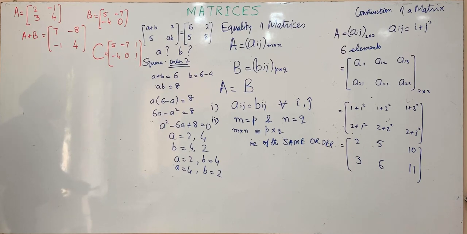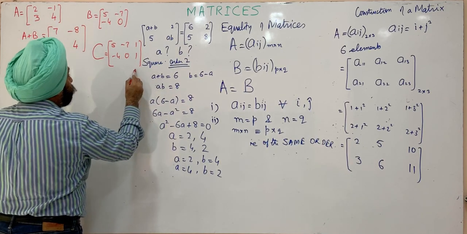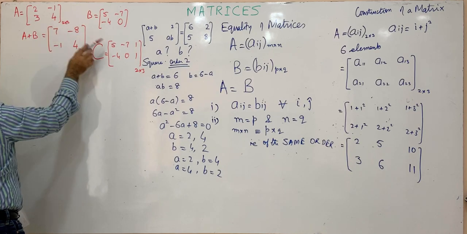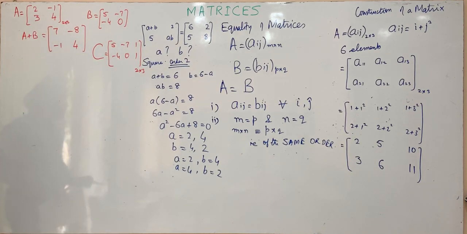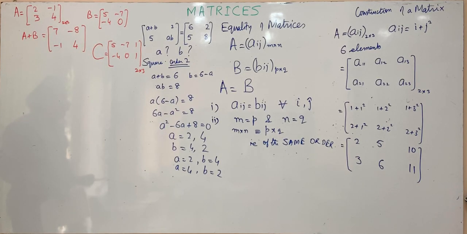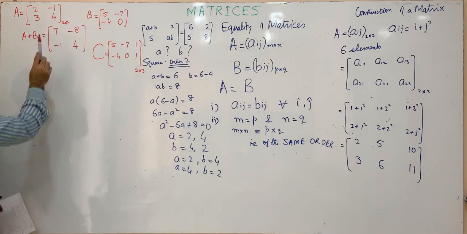The reason is matrices can be added only if they are of the same order. This is a matrix of order 2 by 3, this is of order 2 by 2. So they cannot be added. A and B are conformable to addition, and we can find out the sum of A and B.